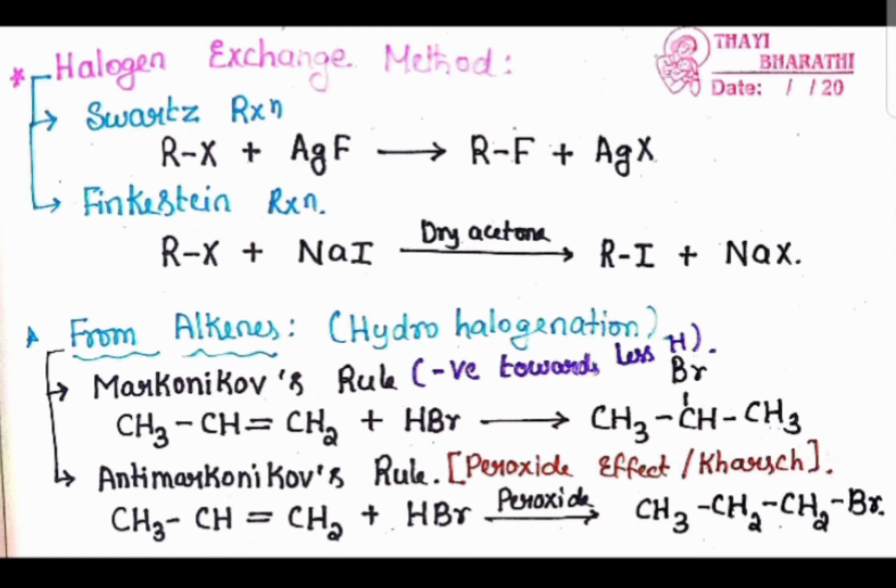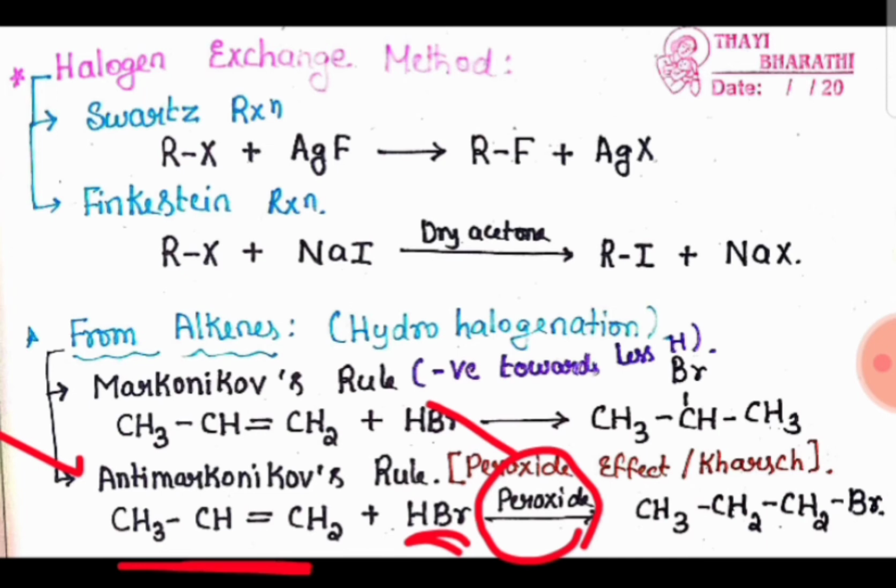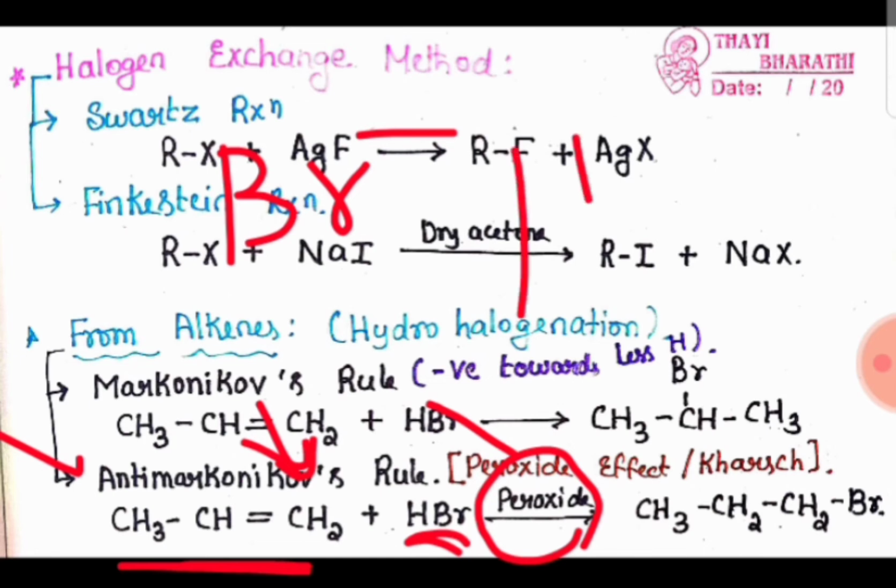Whereas the same reaction in the presence of peroxide takes place against Markovnikov's rule. That's why it is called anti-Markovnikov's rule. If you take the unsymmetrical alkene propene and add HBr in the presence of peroxide, the negative part Br minus is added to the unsaturated carbon atom having more hydrogen, and the positive part of HBr, H plus, is added to the unsaturated carbon atom having less hydrogen.